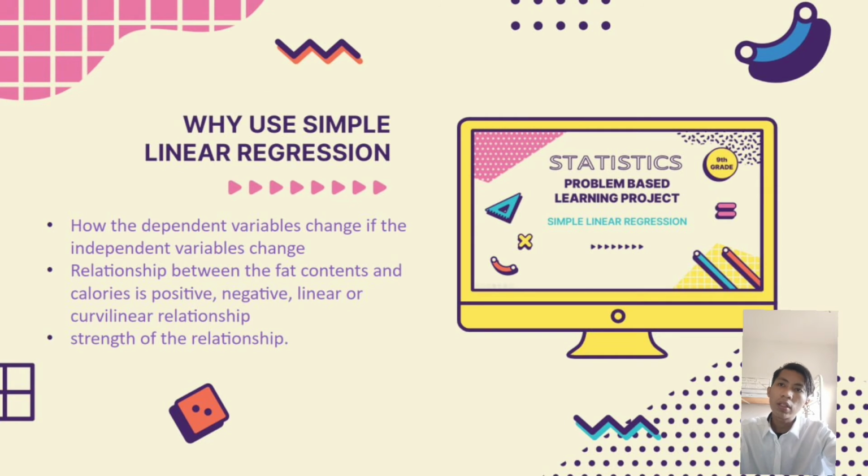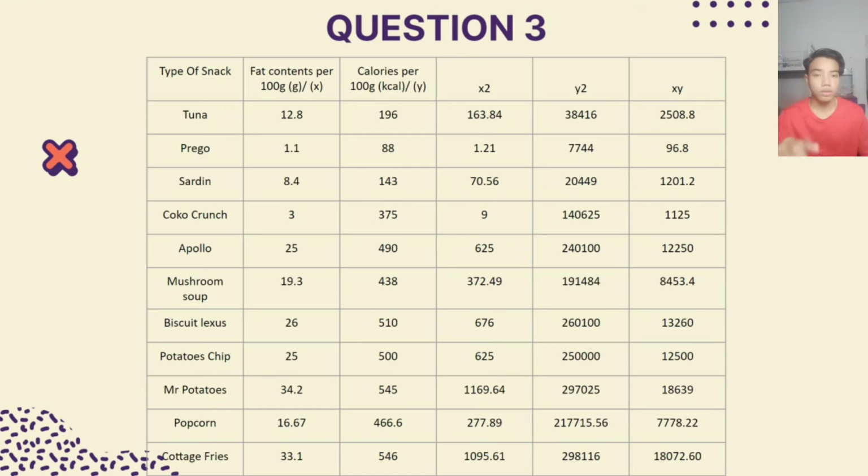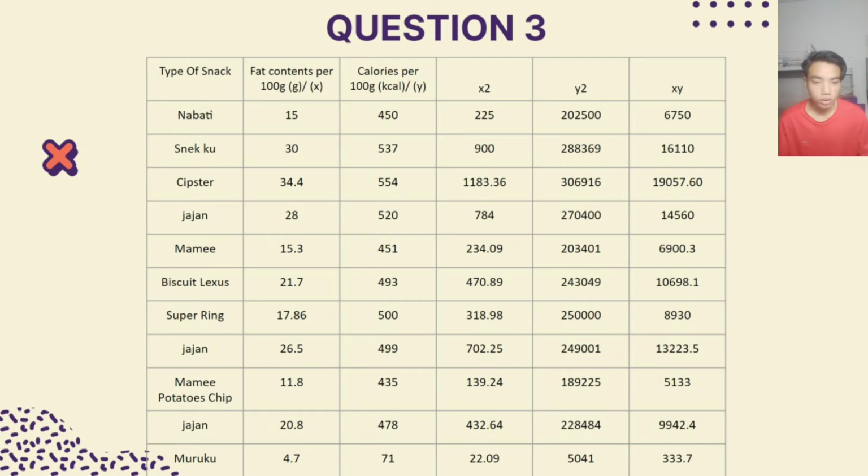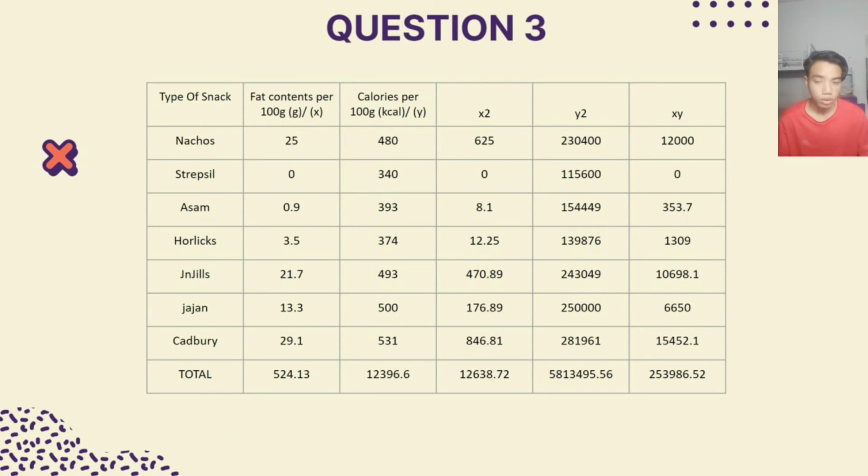For the answer to questions 3 and 4, I will pass to Hafiz. So I would like to talk about question number 3 for statistics. We have a table here. The table will include x square, y square and xy. We need to calculate the values of x square, y square and xy for all the data.